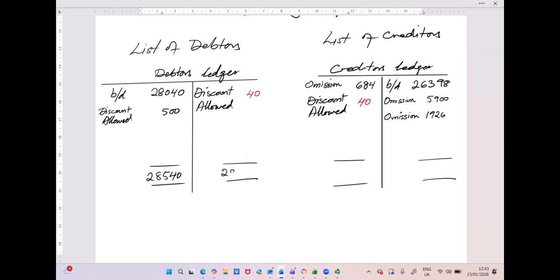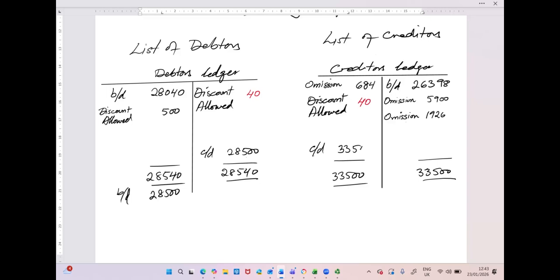$28,540, $28,540, and the difference is carried down balance 28,500. In the creditor's ledger, the credit side is bigger, which is 33,500, and then the difference is carried down balance of 33,500.